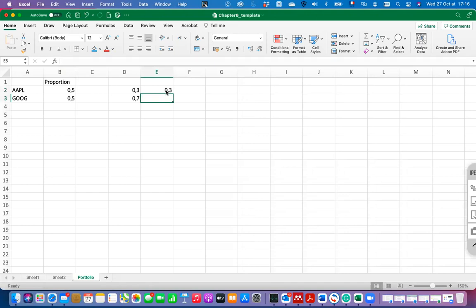Yes, 1 minus. Make it a function of the other proportion. So equal 1 minus. It's very important. If you don't do this, you will get a lot of trouble when you have to build your efficient frontier.